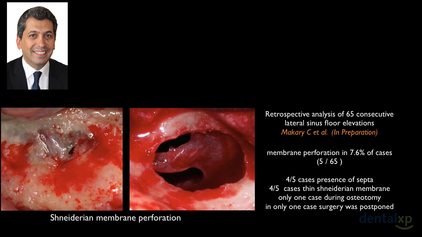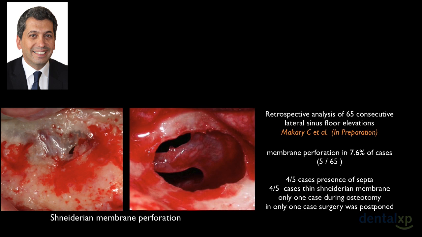In 4 of the 5 cases, we had the presence of septa. This is to tell you that the highest risk factor for membrane perforation is the septa. Also, in 4 out of the 5 cases, we reported a thin Schneiderian membrane, and this is the second most important risk factor for perforation of the membrane.